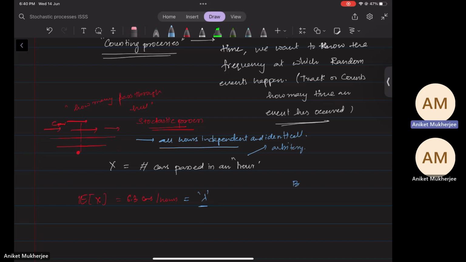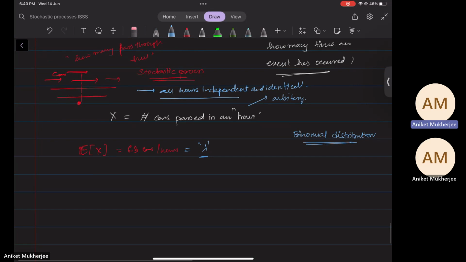the binomial distribution. So if X is 1 with probability p.